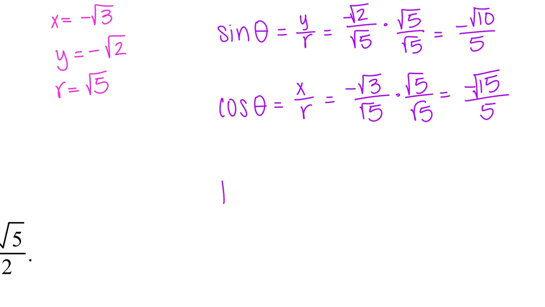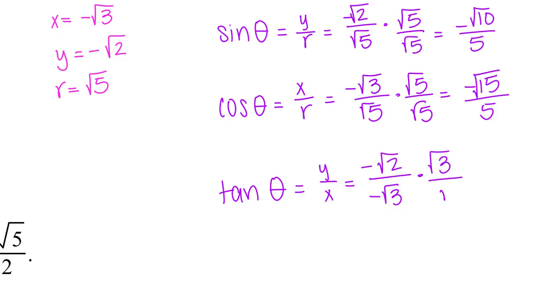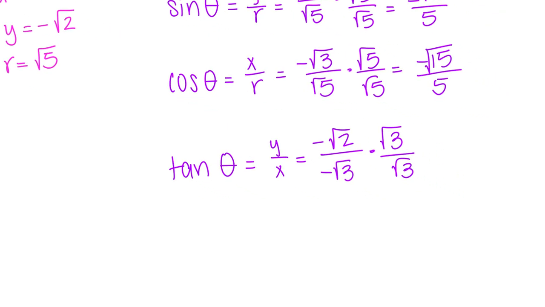And then going ahead to tan theta. And tan is y over x, which is negative square root 2 over negative square root 3. Negative and a negative is going to give me a positive. But don't forget you have to rationalize it. So in this case, I'm going to have positive square root 6 over 3.